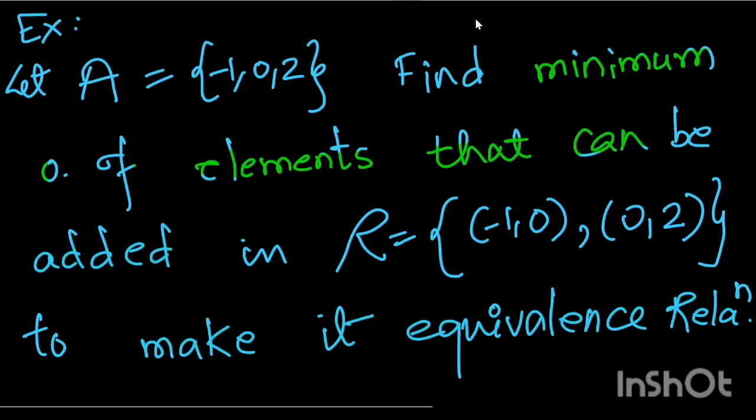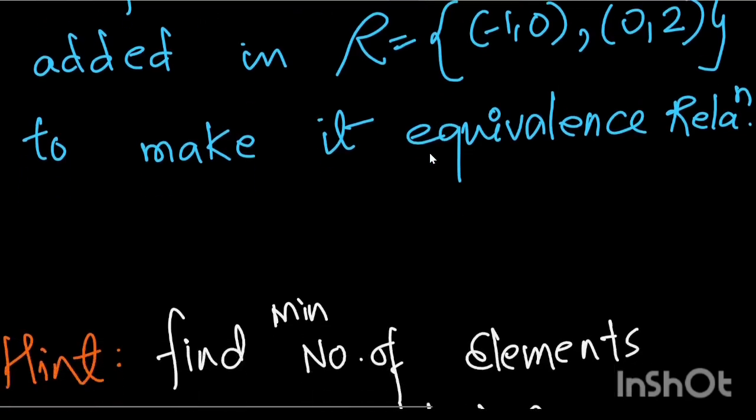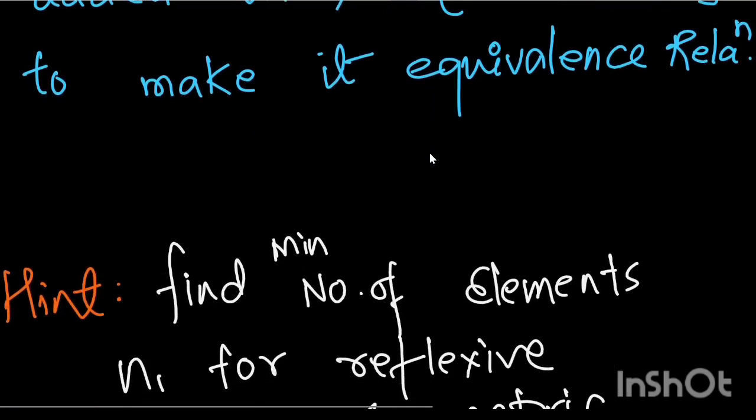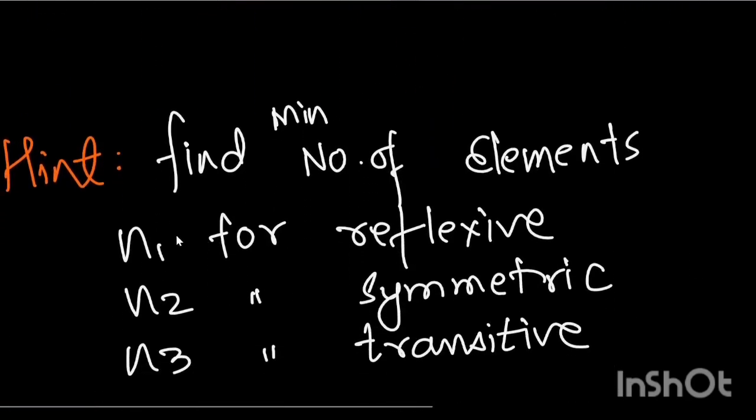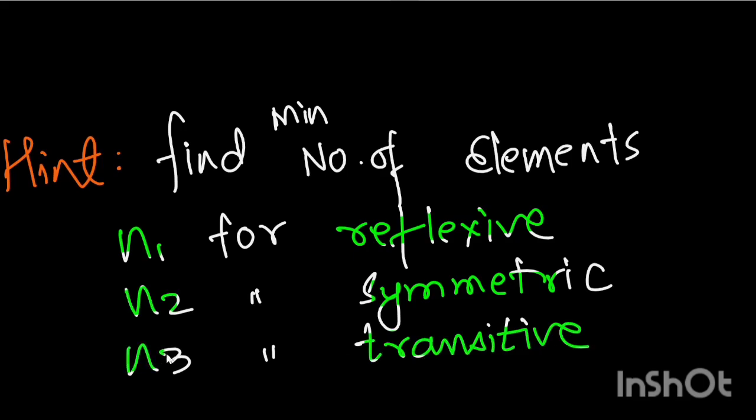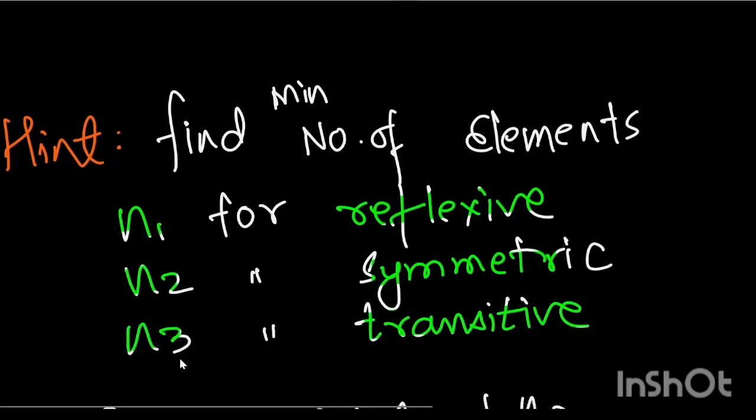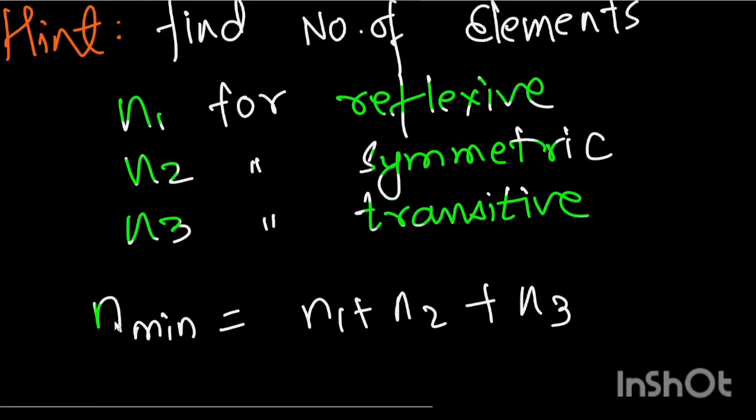In order to get an equivalence relation, we have to find the minimum number of elements for reflexive, which is N1, symmetric N2, and transitive N3, and N1 plus N2 plus N3 is N minimum.